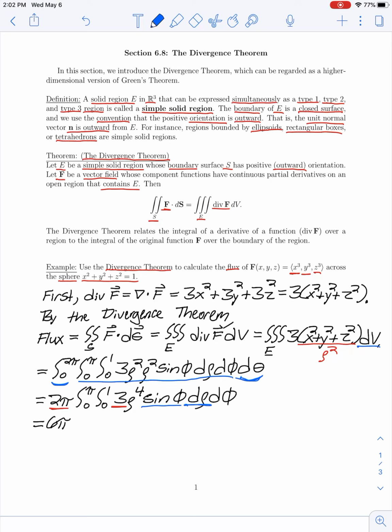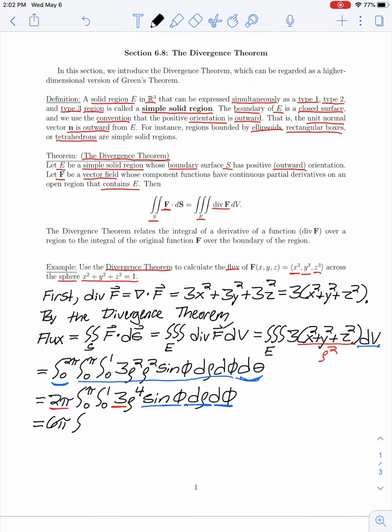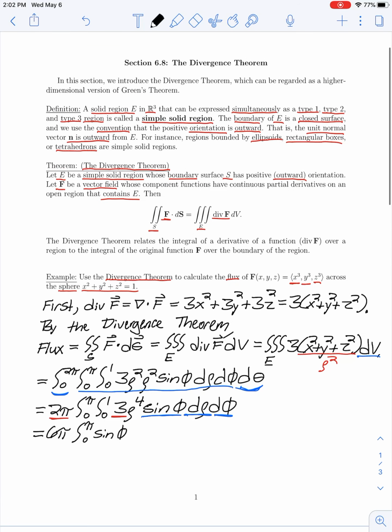So that is our sine of phi and d phi. I can pull out in front of this rho integral. And I'm left with the integral from 0 to pi of sine phi d phi. And then I still have my integral from 0 to 1 of rho to the 4th d rho.